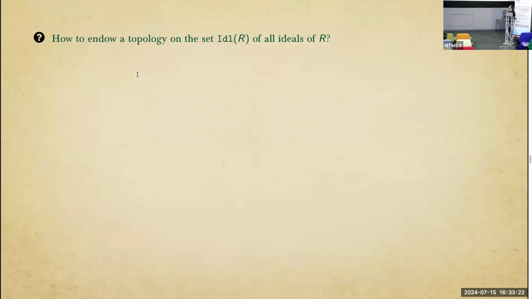Now, after algebra, let's see some topology. Okay, so what is our goal? We wanted to study any class of ideals algebraically, and similarly any class of elements. So similarly, if we wanted to talk about topology, our topology should be good enough so that we can endow it or impose it on any class of ideals.